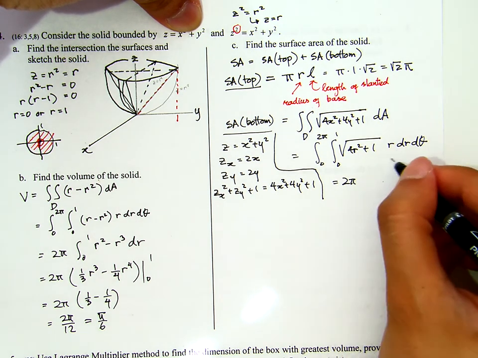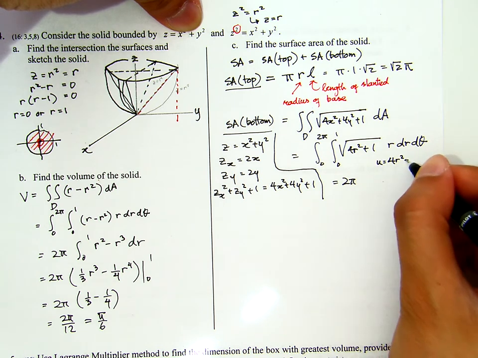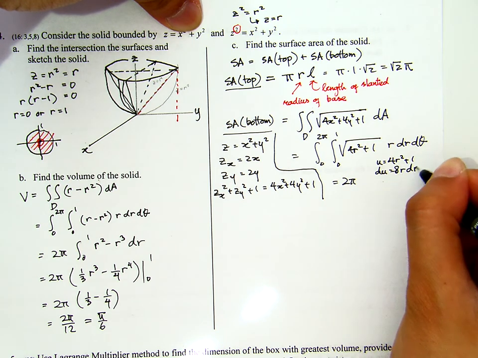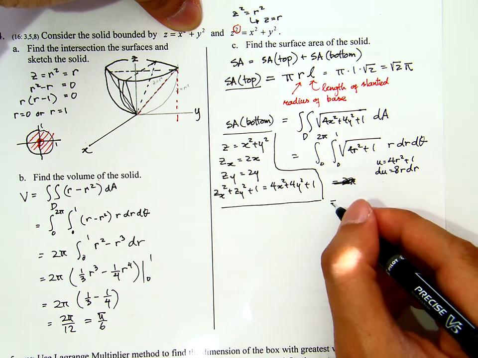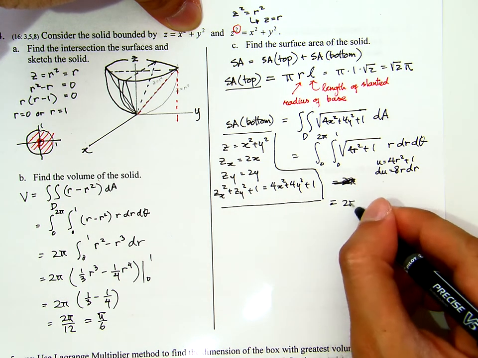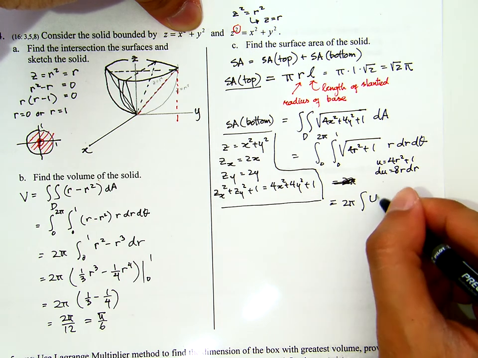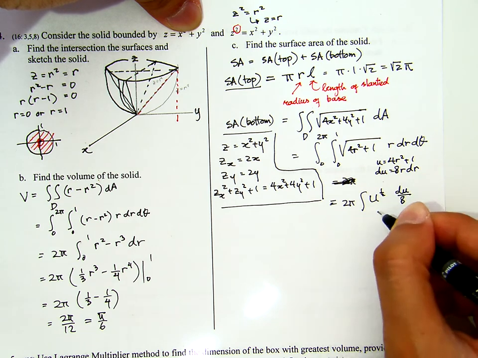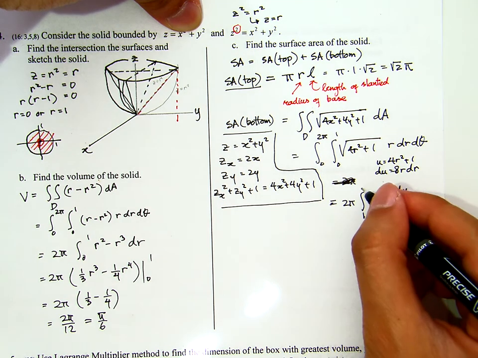Okay, and then I use substitution, let's say u equals 4r squared plus 1, so du equals 8r dr. Let me move it below. And this is 2 pi times the integral of u to the power of 1/2, and then du over 8, from 1 to 5.